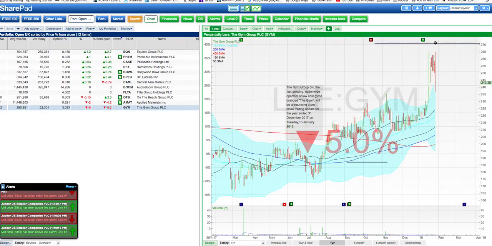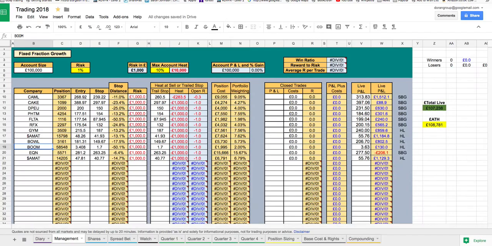So if we have a look at the account, yeah, still near highs. Still nothing much to see. I'll just keep reinforcing to you that this is what trading's like. It's not all whiz bangs and fireworks. It's pretty tedious, pretty boring. These numbers move around.